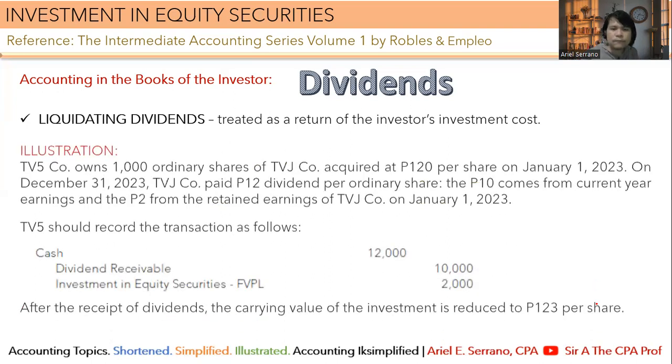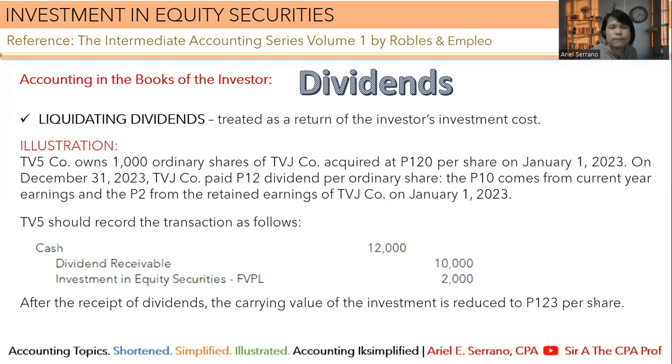Alright? So, for example here, TV5 company owns the same. Ito pa rin po yun. May minodify lang tayo. On December 31, nagbayad po si TVJ ng 12 peso dividend per ordinary share. And this 12 peso represents 10 peso coming from the current year earnings and 2 peso from the retained earnings of TVJ company.